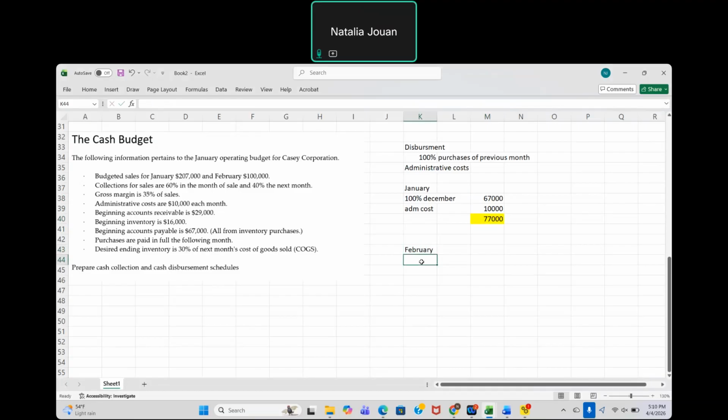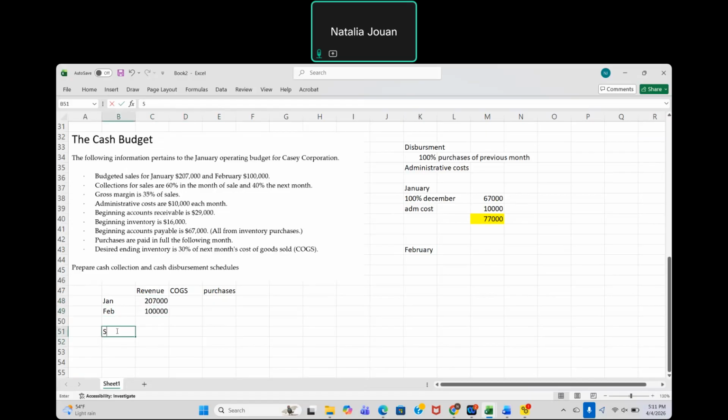So we have to figure out how much we purchased in the month of February. So for that, you have to figure out purchases. I want you to do this chart. It's going to help you. Revenue, cost of goods sold, purchases. So what do we have? We have January, we have February. That's all we're given. So revenues in January, 207,000. Revenues in February, 100,000. And we're being told that the gross margin is 35%.